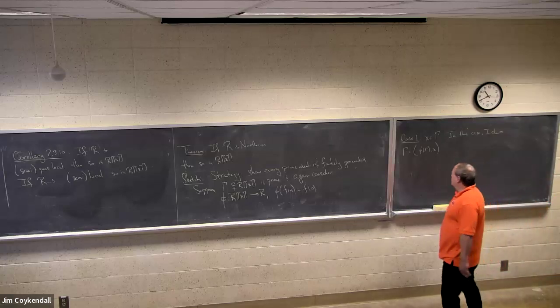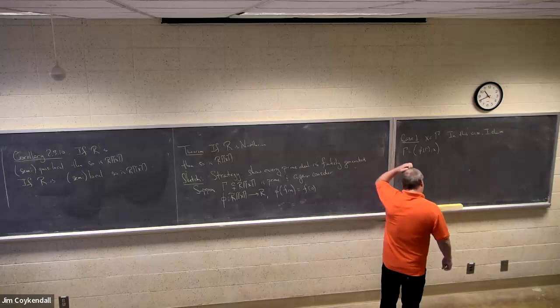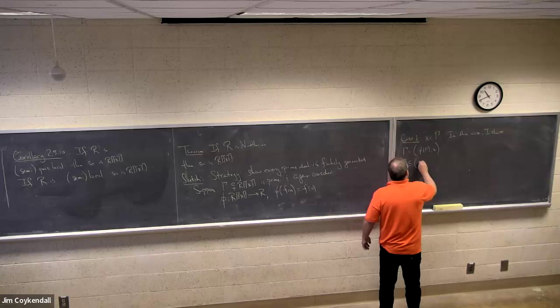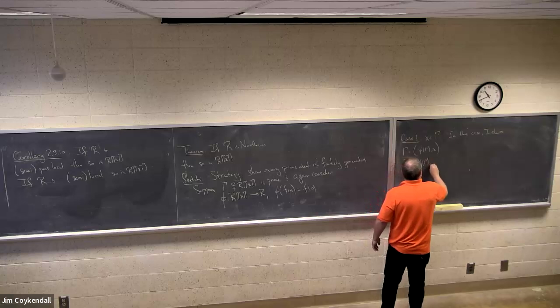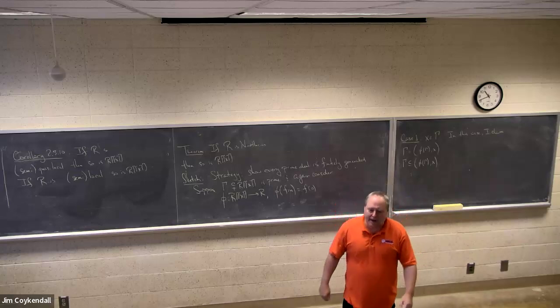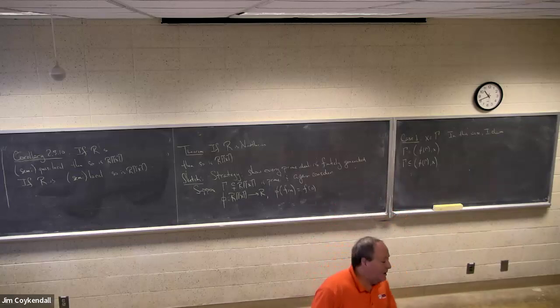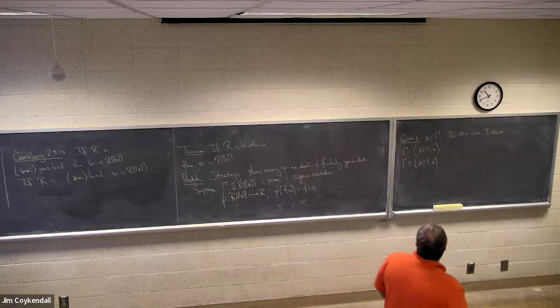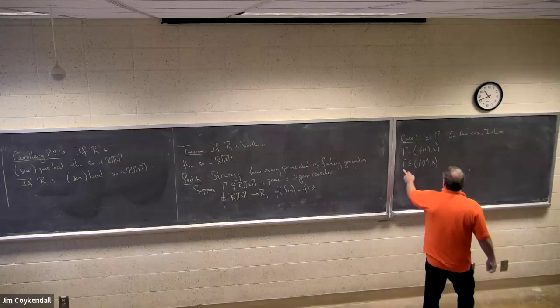Let me justify this for you. In other words, what I'm saying is if X lives in this prime ideal, then it's generated by the constant terms and X. Here's the first bit.